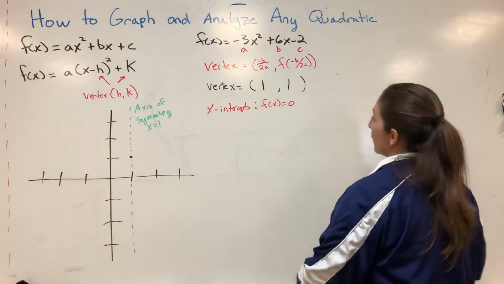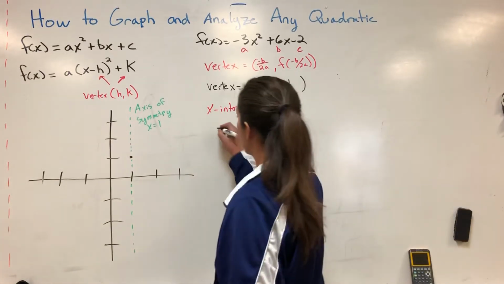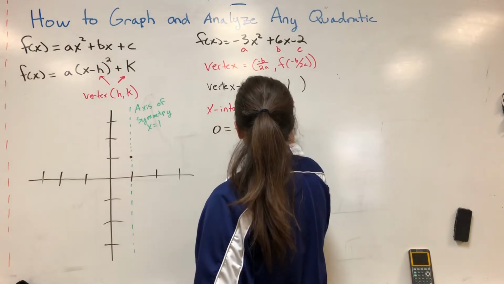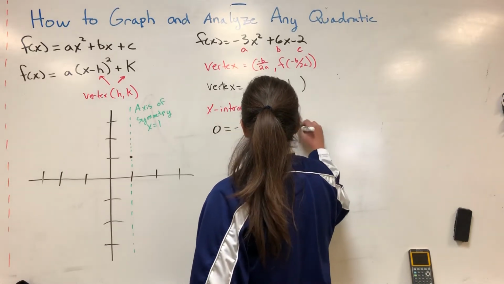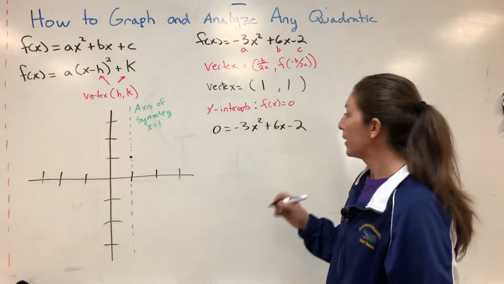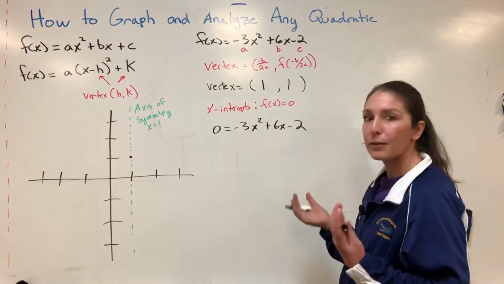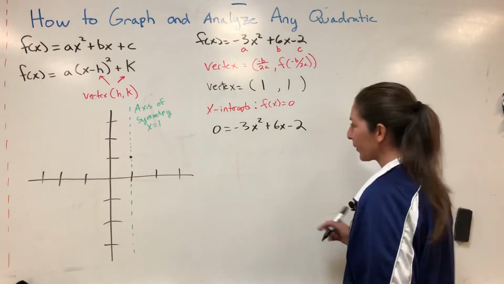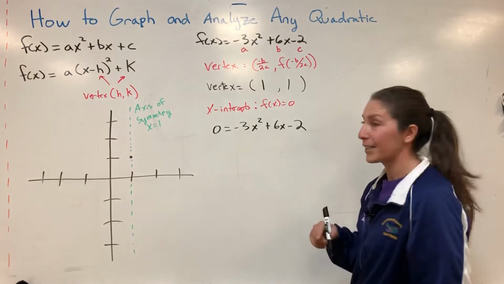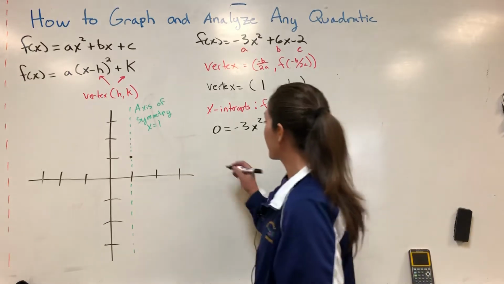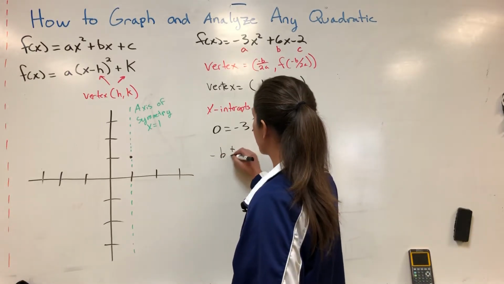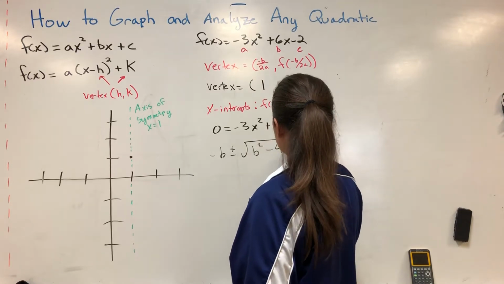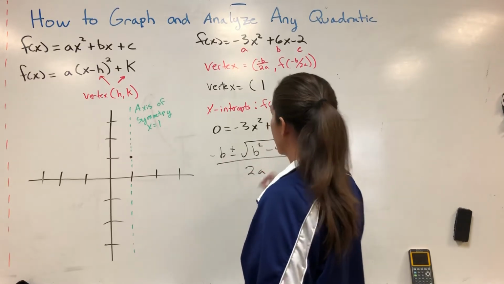Okay, let me set my function equal to 0. 0 equals negative 3x squared plus 6x minus 2. Okay, how do we solve this now for x? Oh, quadratic formula. Here's our a, here's our b, here's our c. Let's get going. Quadratic formula: negative b plus or minus the square root of b squared minus 4ac, all over 2a.